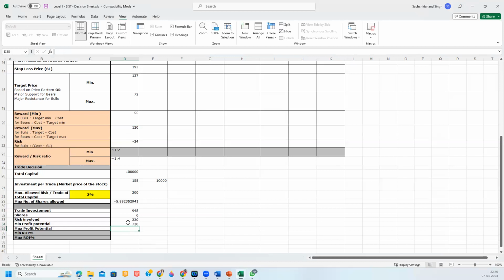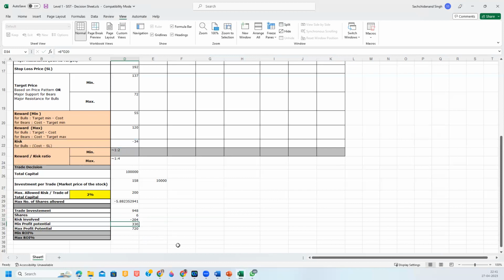So 330 rupees will be the minimum profit, and 720 rupees will be the maximum. Similarly, the minimum ROI and maximum ROI we can also calculate depending on the investment. Let's say 1,000 rupees. The risk involved will be the number of shares, 6, into 34.